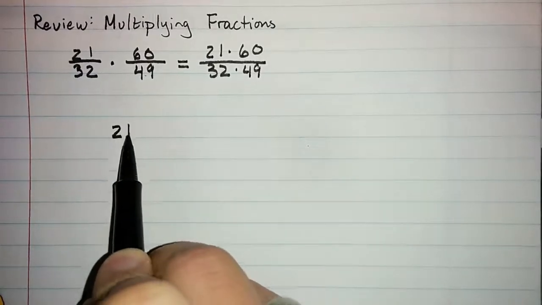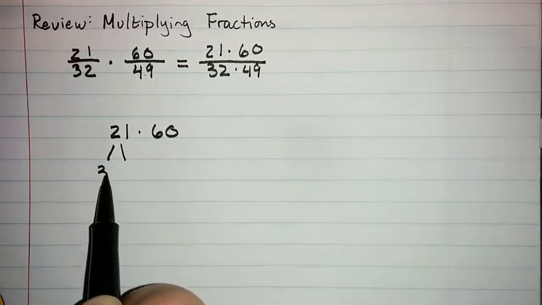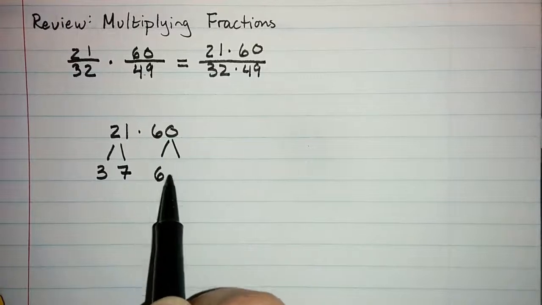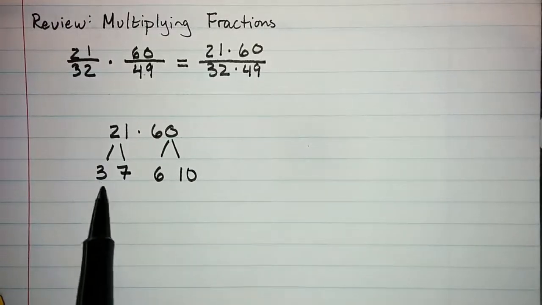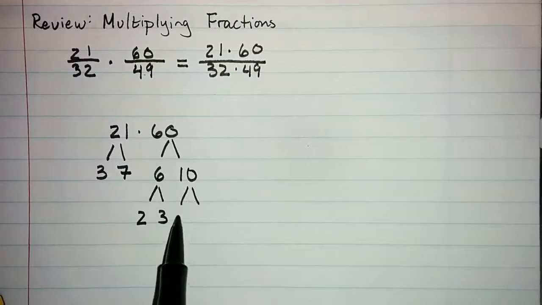So my 21 times 60, 21 of course is 3 times 7, 60 is 6 times 10, 6 is 2 times 3, 10 is 2 times 5.